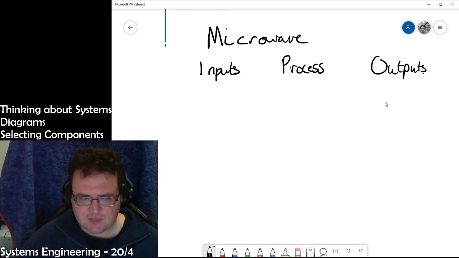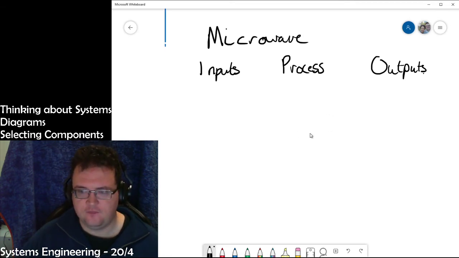But inside a microwave, how many different processes are there being undertaken? When you think about a microwave, what is actually happening inside the microwave?